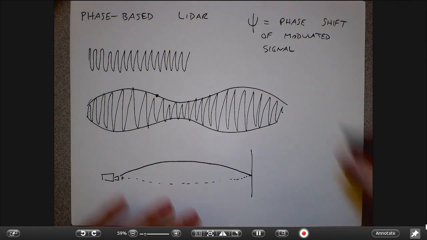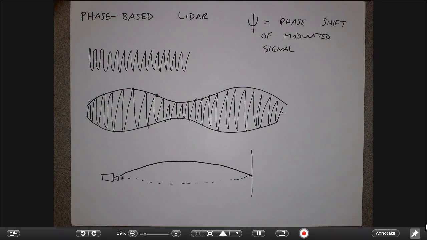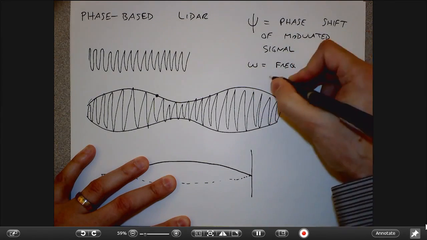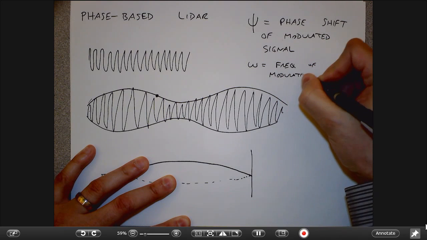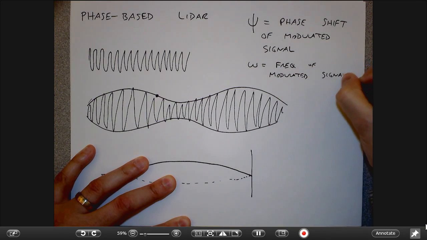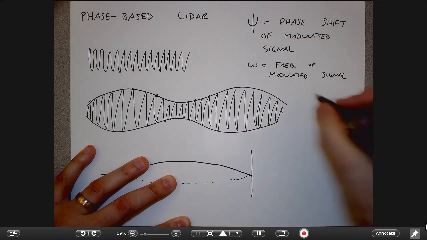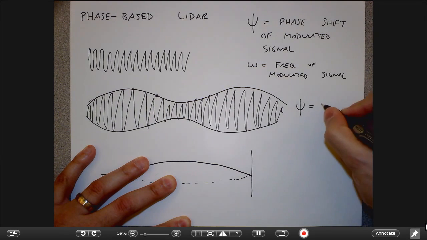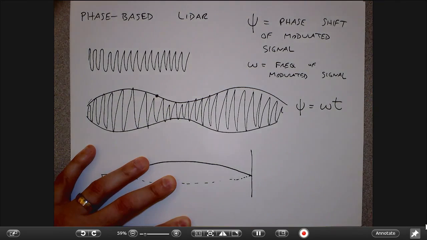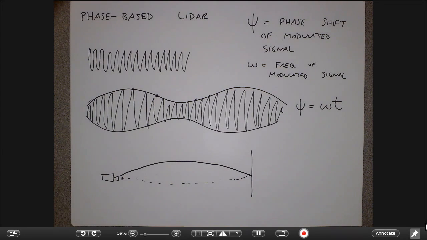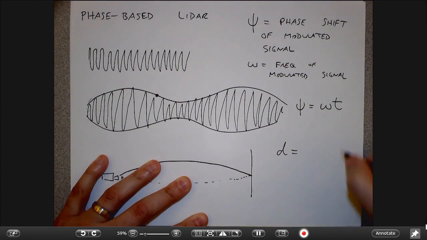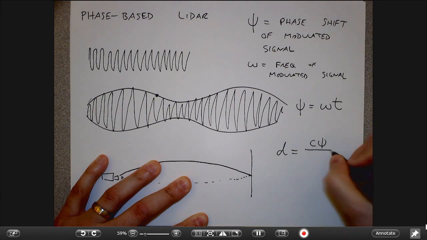If omega is the frequency of the modulated signal, you can show that the time of flight is related to the phase shift, the frequency, and the time by the following. And if I put that together with my previous equation, I obtain that the distance to the surface is, again with c, like this.